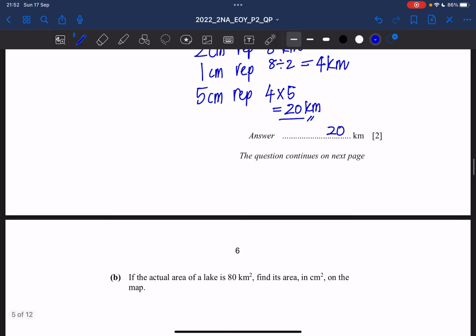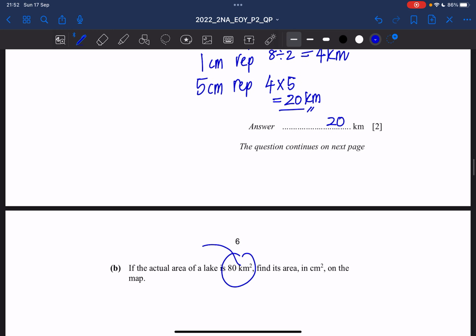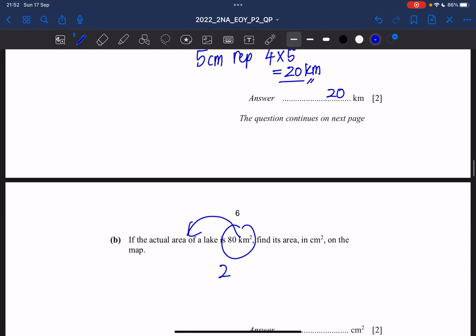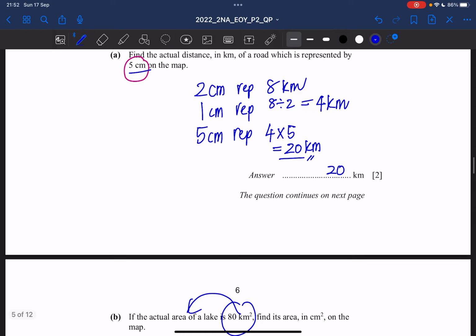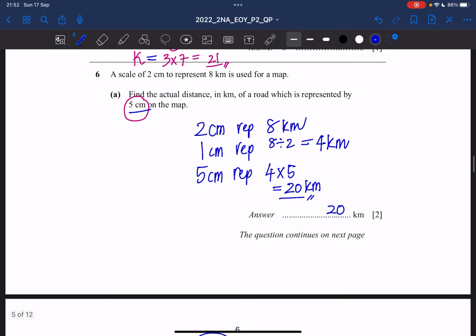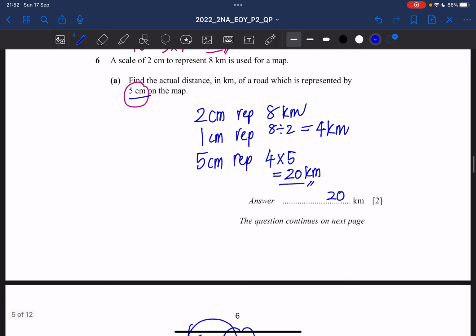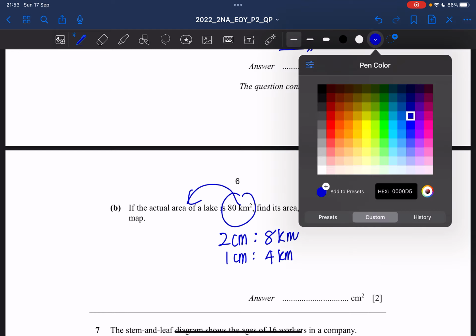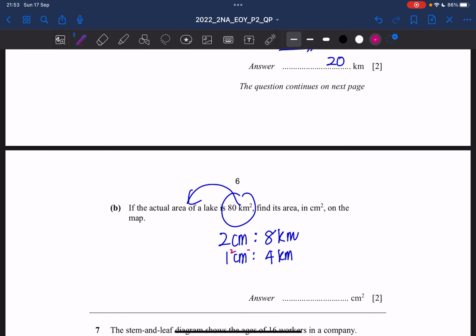Then the next question. Okay, this is for area. So for area, we need to use ratio lah. 2 centimeter is to 8 kilometers. So we find 1 centimeter first is 4 kilometer. Then from here, we need to find our area scale lah. So we just square all the unit and the number.